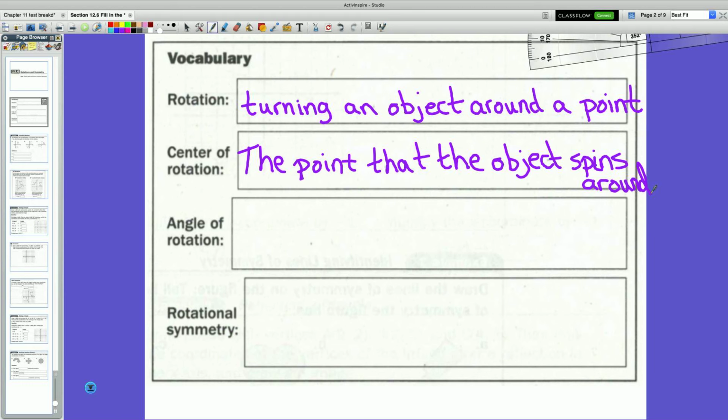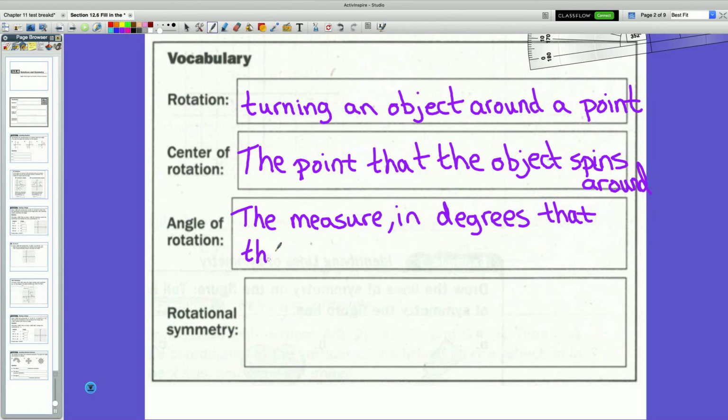Okay, the angle of rotation is the measure in degrees that the object was spun.